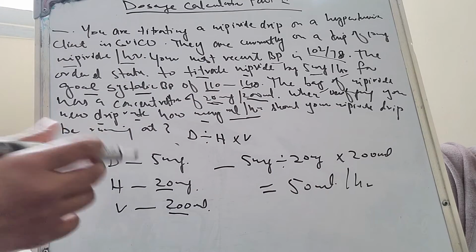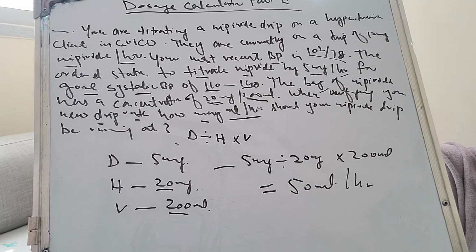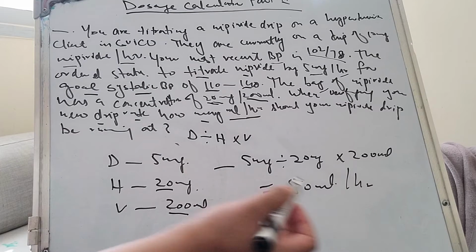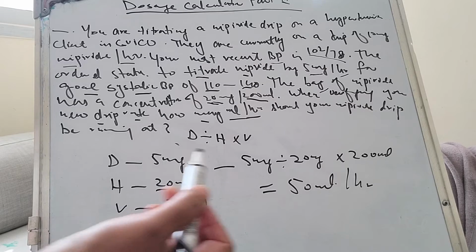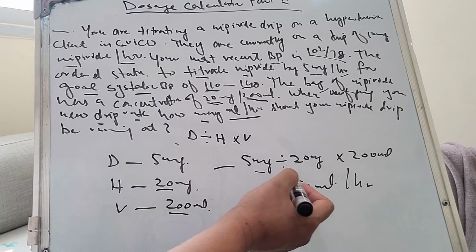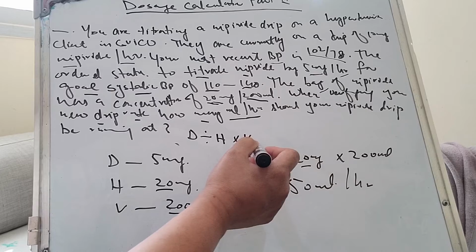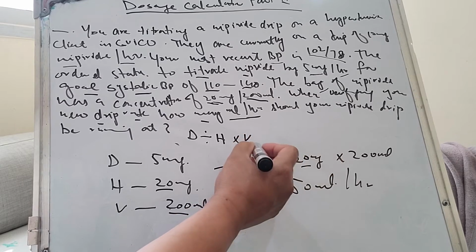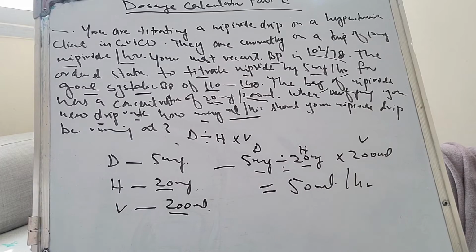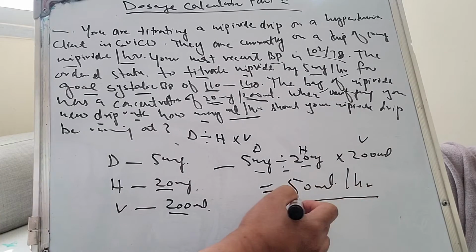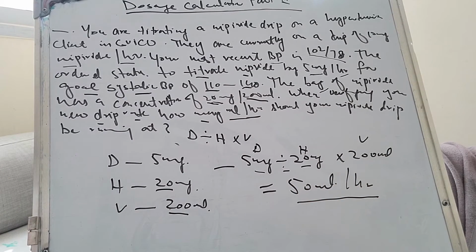Here they mention per hour, they did not mention minutes, so that's why I did not use 60. So 5 milligram divided by 20 milligram, desired over have, times vehicle. Our answer is 50 ml per hour of nipiride.